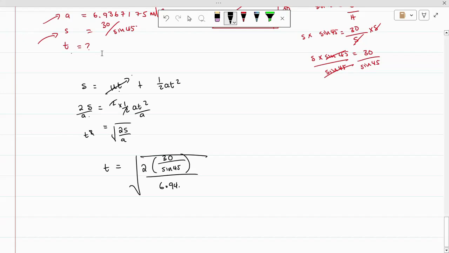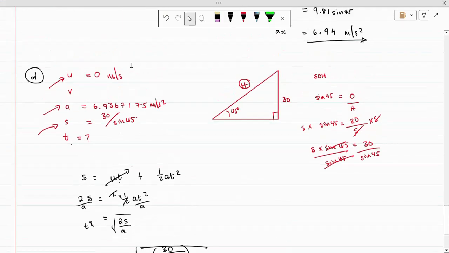In this case, I would advise you to use the answer function on your calculator so that you can just put the exact value into there. But we're going to put that into our calculators. Sine 45 over 6.94, which is the previous answer. That gives you a time value of 3.50 seconds.